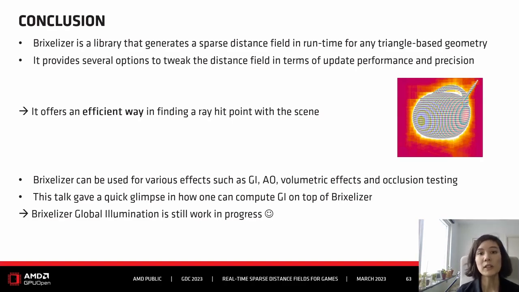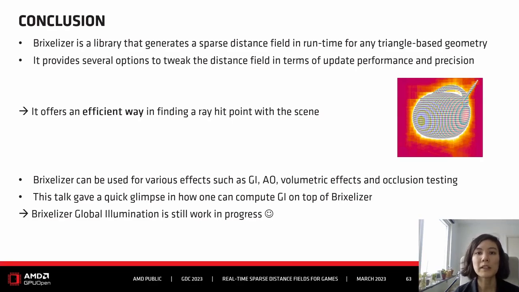The focus is really on performance, and it's especially suitable for effects that don't require the highest precision. So you kind of take a step back in precision, since Brixelizer provides an approximation of the scene, but you gain a lot in performance. And for some effects, this might just be what you are looking for.